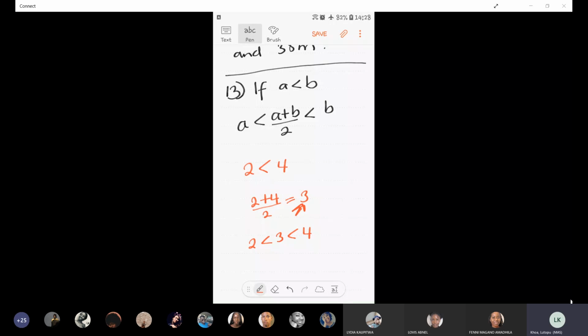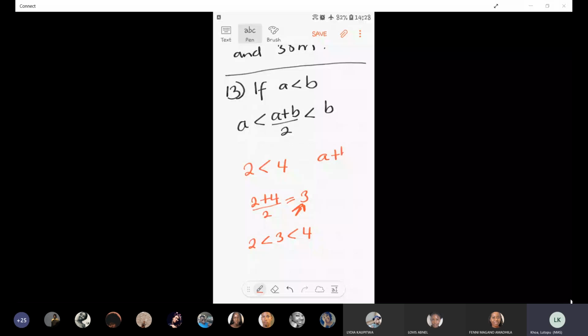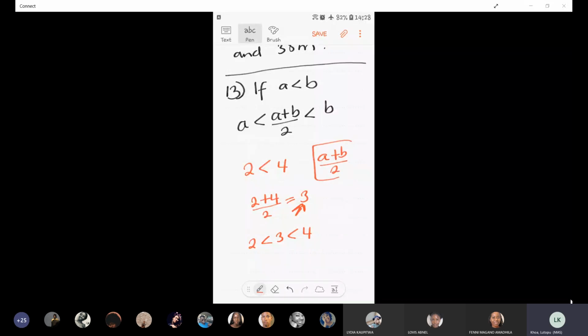So we call this A plus B over 2 the arithmetic mean. So if you have two numbers, you work out the average of the two. The average will be between the two numbers. It cannot be greater than both of them or less than both of them.